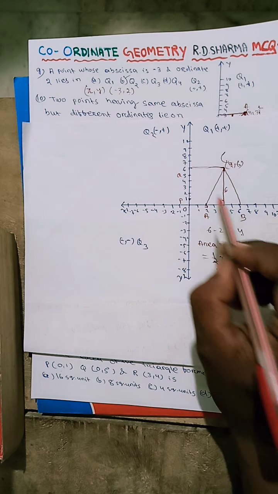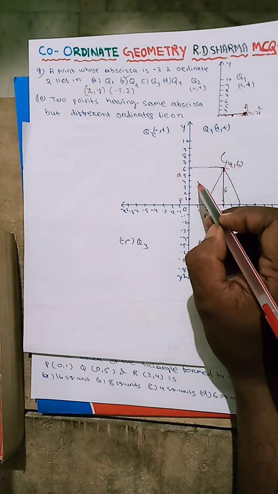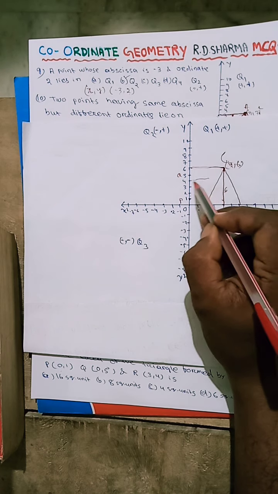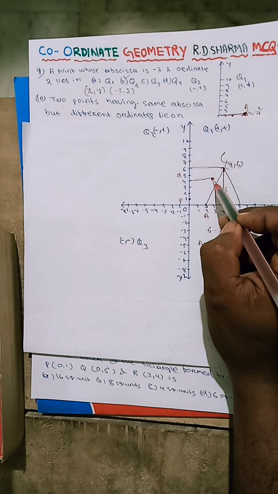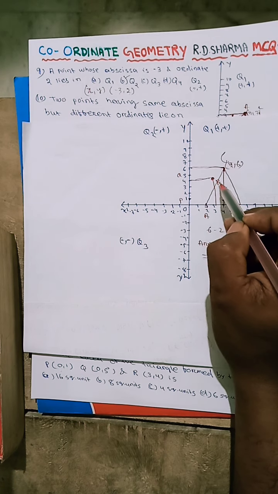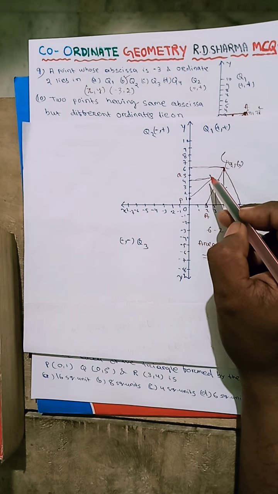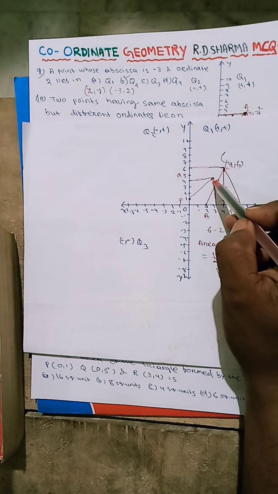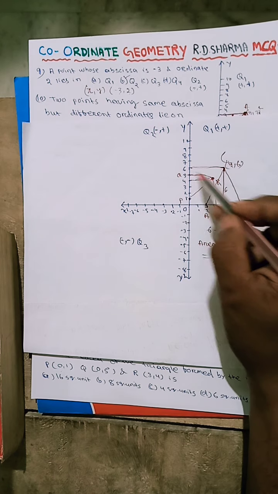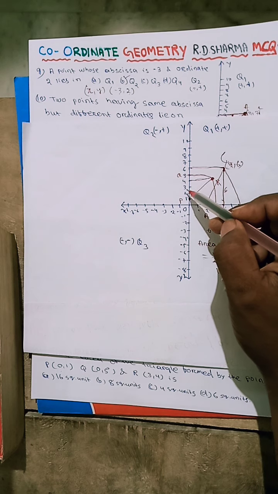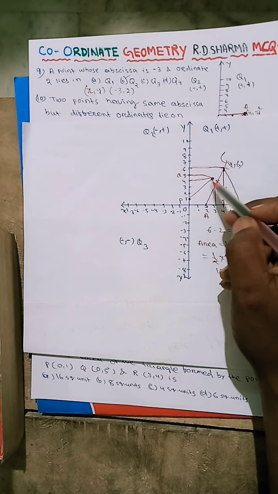Another point (3, 4), x 3, y 4. This point is R. Join the point R to P and Q. So PQR, this is the required triangle. We have to find the area of the triangle.